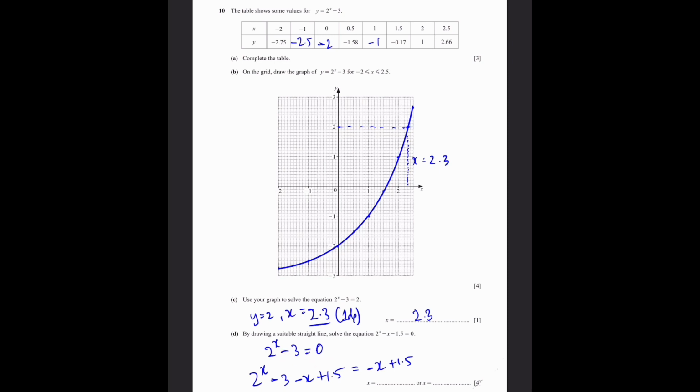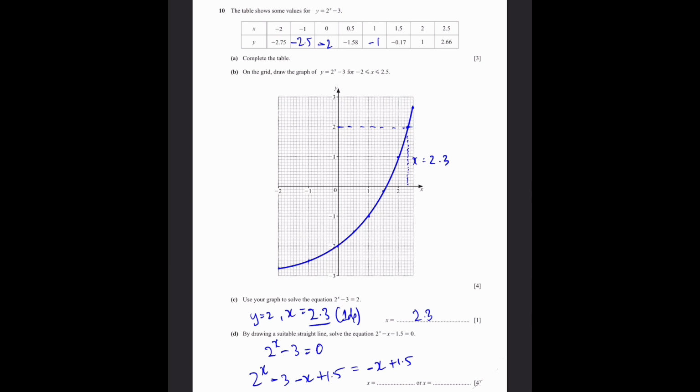So the line which we need to draw is actually this. Y equals minus x plus 1.5. Because this one will become 2 to the power of x minus 1.5. And then we'll have it equal to this. So now the line which you have to draw is this line. And that's minus x plus 1.5.